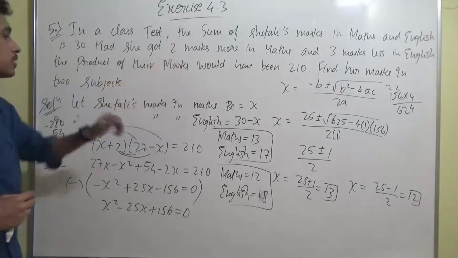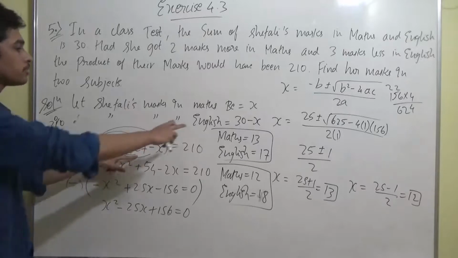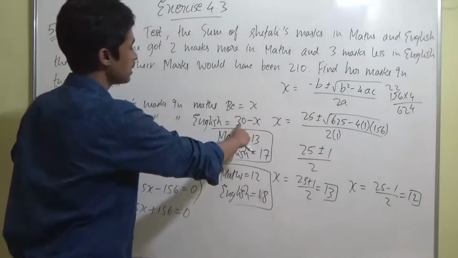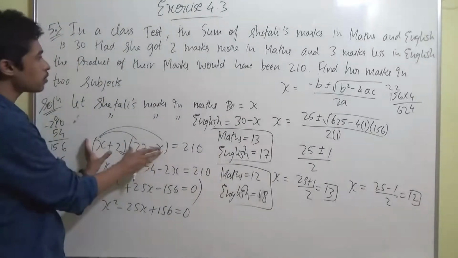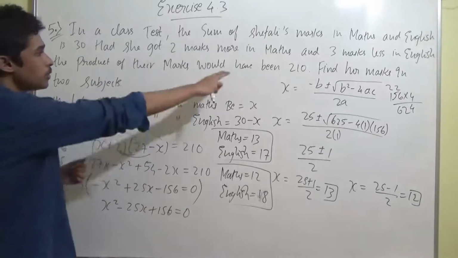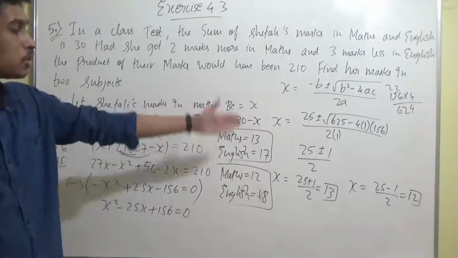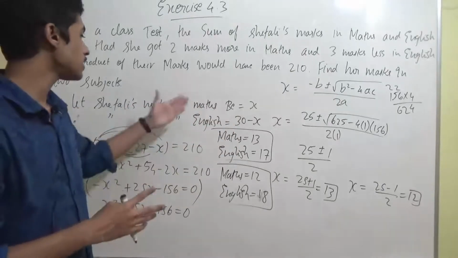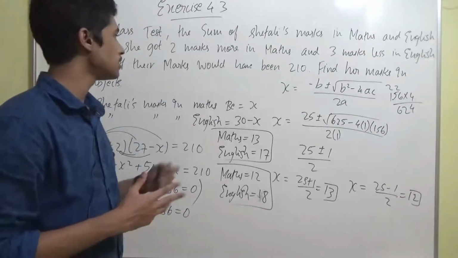If she had got 2 marks more in maths and 3 marks less in English, so we minus 3 here, 30 minus 3 is 27, so it became 27 minus x. Now we multiplied this, the product of their marks would have been 210. Then we solved to get the value of x, which is the marks of her maths, and then 30 minus x gave us the marks of her English score. That's it for this question.